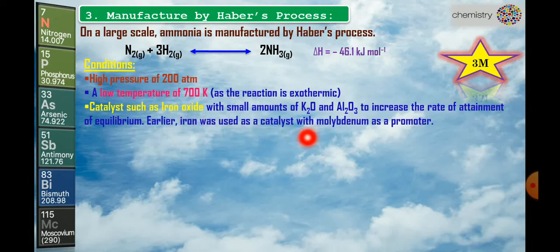So in olden days, molybdenum was used as a promoter. Okay, you need not mention this iron catalyst and molybdenum promoter for this process. Okay, because they are replaced with iron oxide and small amounts of aluminium and potassium oxides. Fine.